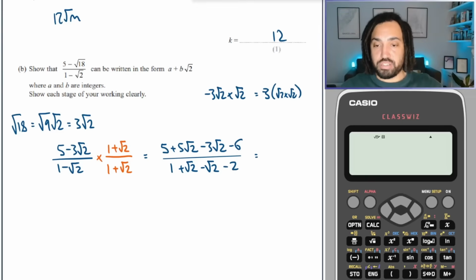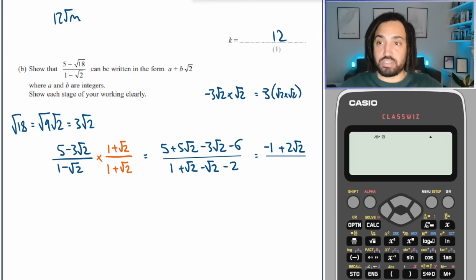So this gives me a total on the top of 5 minus 6, which is minus 1. And the thirds, we've got 5 root 2 minus 3 root 2, which is plus 2 root 2. And on the bottom, these cancel out nicely, so we're just left with 1 minus 2, which is minus 1.